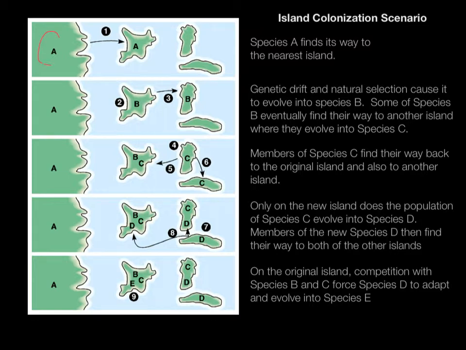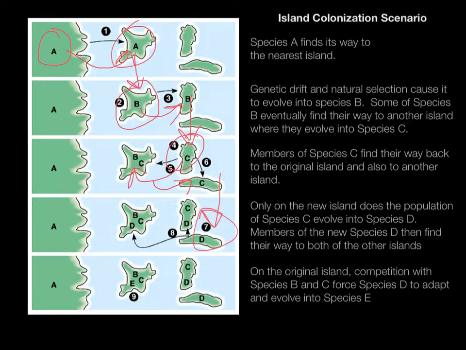Basically, we have species A finding its way to a geographically isolated island and colonizing it there, and through mutation, genetic drift, and natural selection, that species eventually becomes species B. Then species B goes over to a new island, and the same forces operate, and it becomes species C. Species C will then go back to the original island where it just remains species C, and it also goes to a new island where it becomes species D.